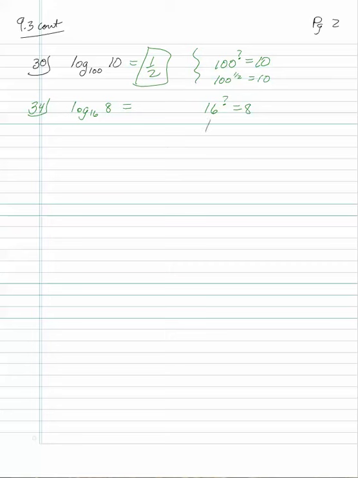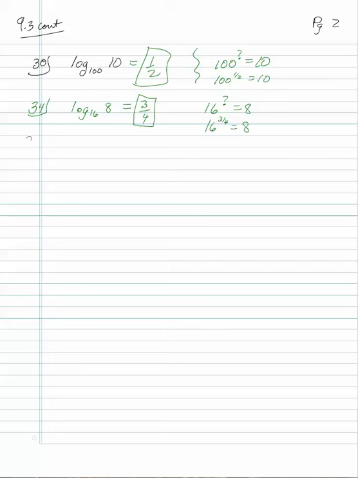So it'd be 16 to the 3/4 is 8. Yeah, that was actually a difficult one. So fourth root of 16 is 2, and then 2 cubed is 8. So you get 16 to the 3/4 is 8.